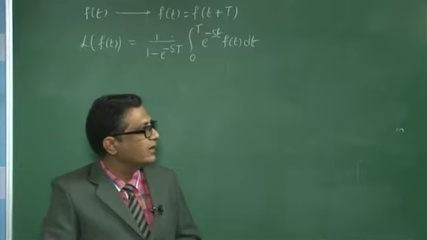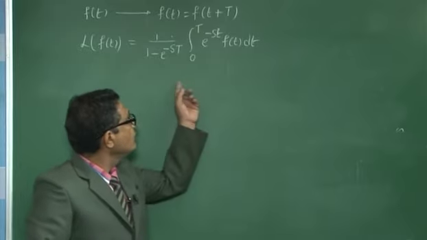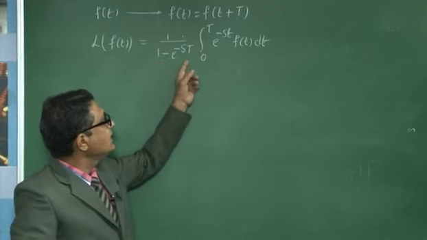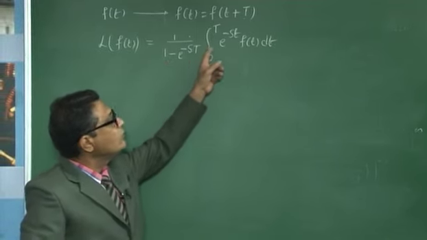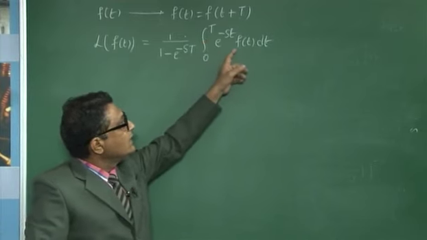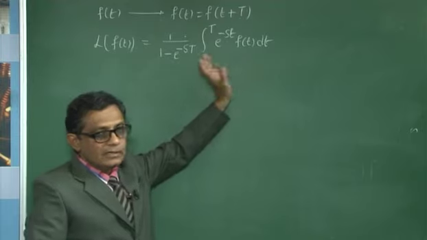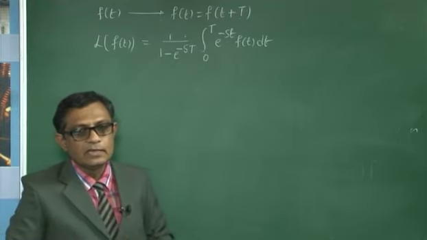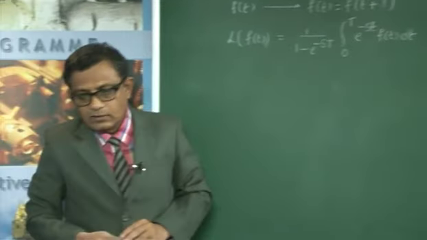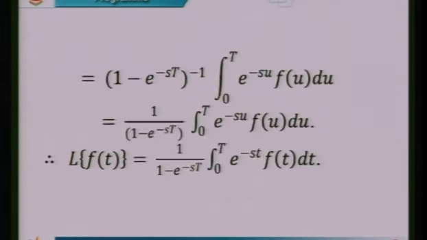After simplifying, you will get the equation 1 divided by 1 minus e raised to minus st, integration 0 to capital T of e raised to minus st f of t dt. You must memorize the formula. Now, we will do some examples.